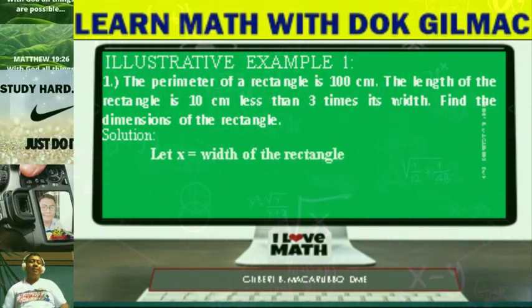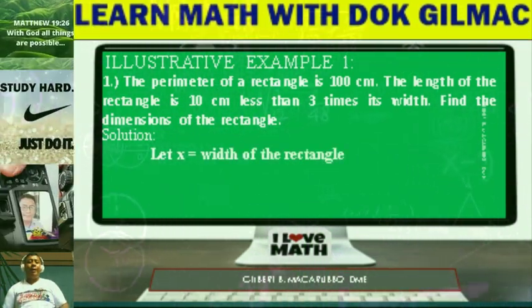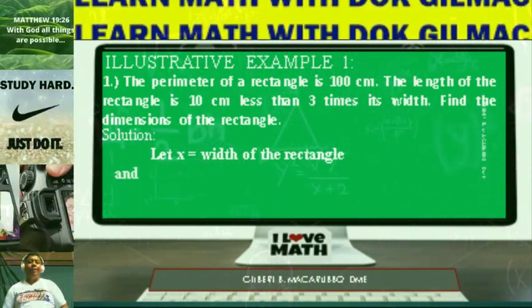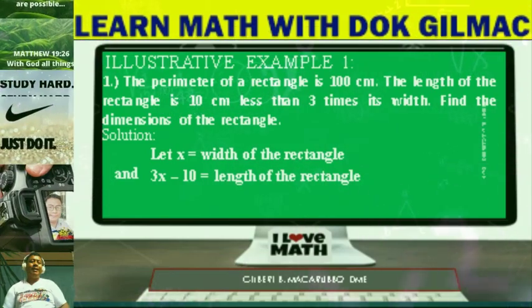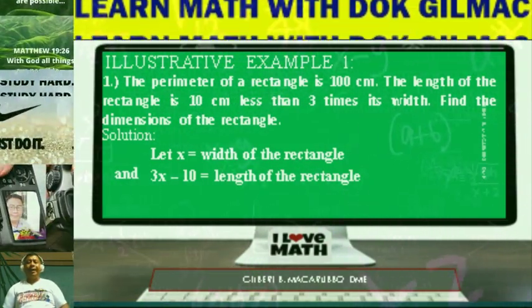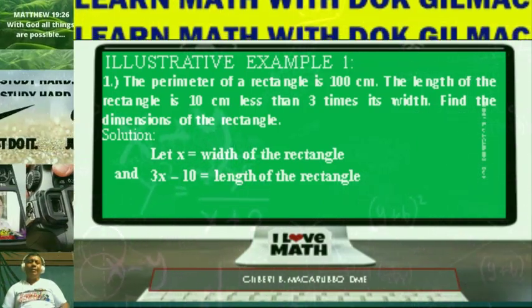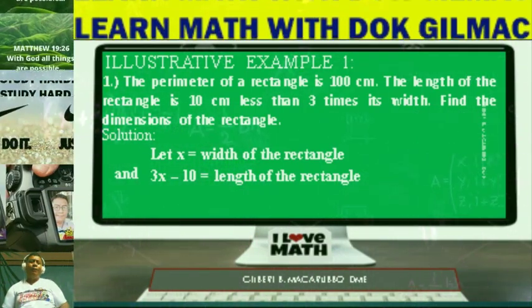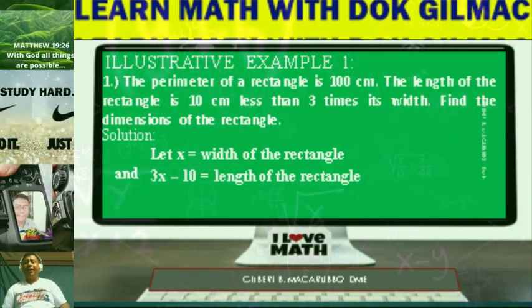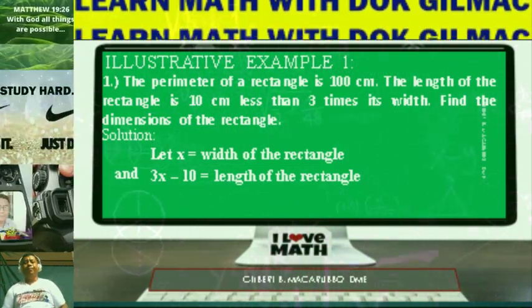So we let x be equal to the width of the rectangle, and 3x minus 10 is equal to the length of the rectangle, since it is given the length of the rectangle is 10 cm less than 3 times its width.